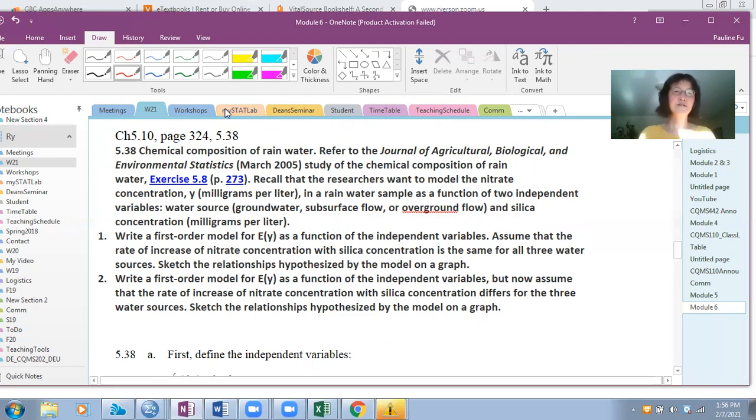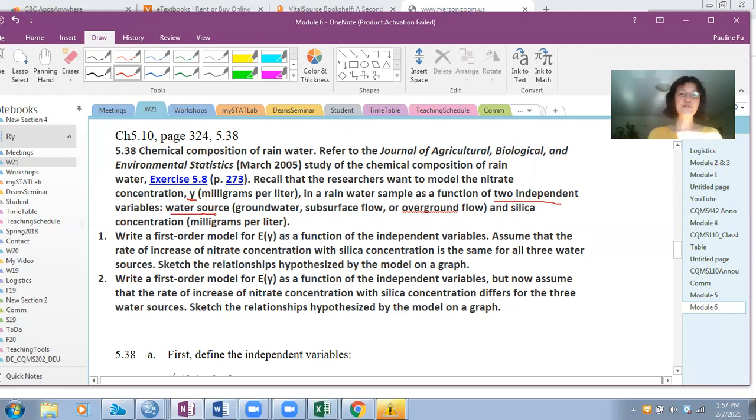So this question, chemical composition of rainwater. Okay. The study shows the chemical composition of rainwater. Researchers want to model the nitrate concentration. Y is the nitrate concentration in a rainwater sample as a function of 2 independent variables. One variable is water source.